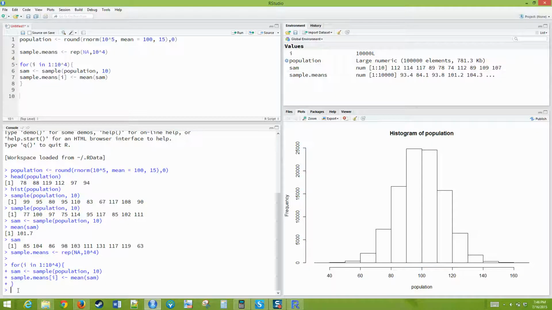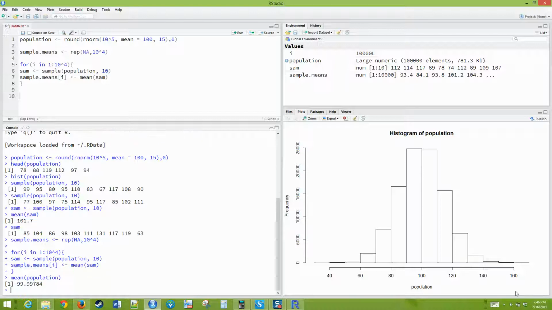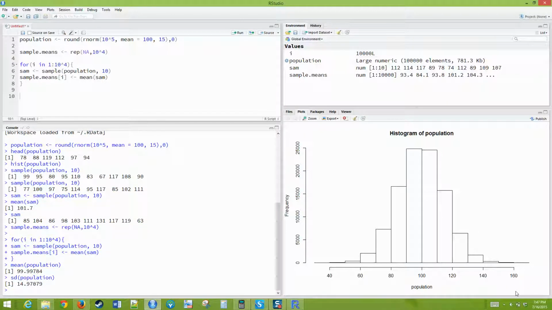So if we look at the population, I can ask, what is the mean of the population? The mean of the population is 99.99784. And I can ask, what's the standard deviation of the population? And it's 14.97. What do you think the mean of our sample means is going to be? I have 10,000 sample means. Each entry is a mean of 10 numbers from the population.